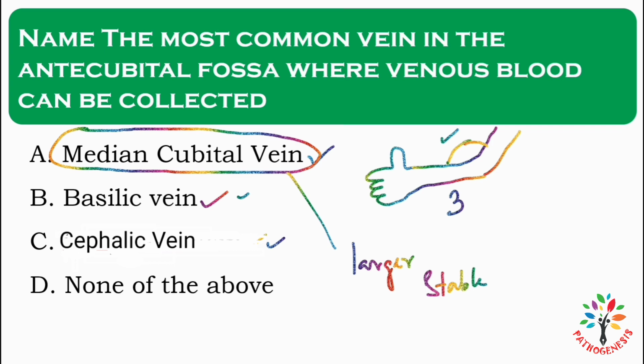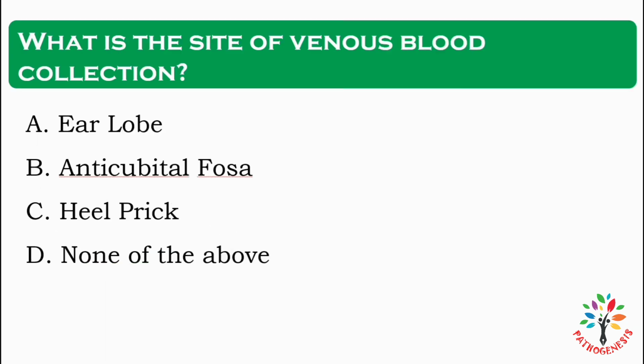Any phlebotomist collecting blood will first try the median cubital vein. If they fail to find it, they can go for the basilic or cephalic vein. So the best option is the median cubital vein. Moving on to the next question.